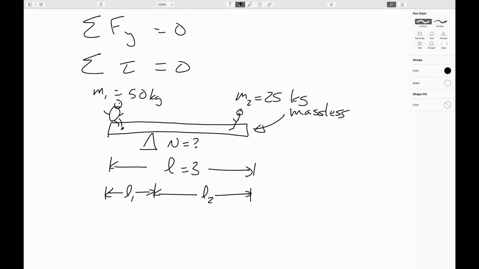So I'm just dimensioning the distances from the big kid to the fulcrum. We'll call that L1. That's what we need to know. We know L is 3 meters. And we'll say that the distance from the little kid to the fulcrum is L2. And by looking at the diagram, we can work out that that's equal to L minus L1.